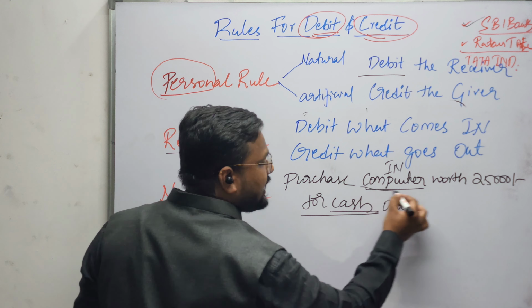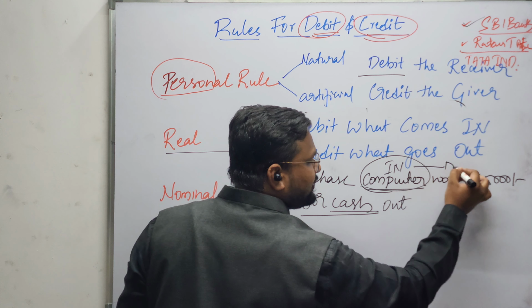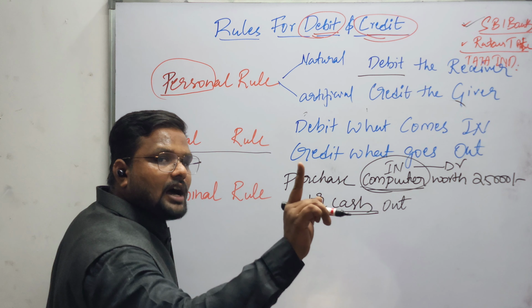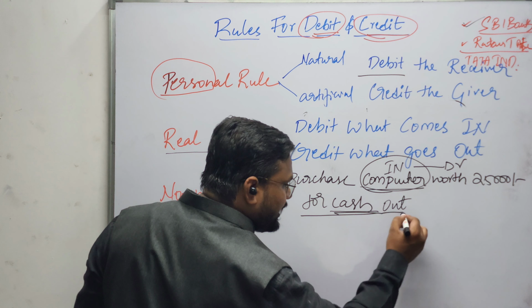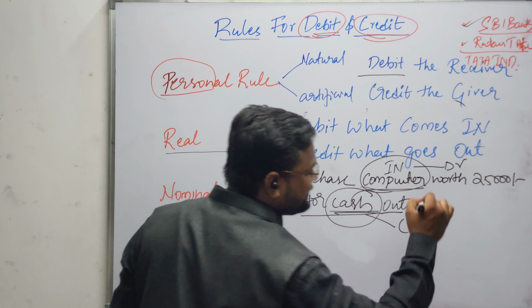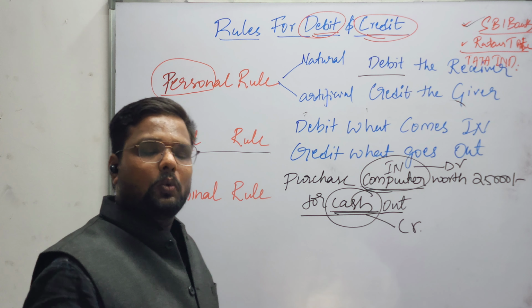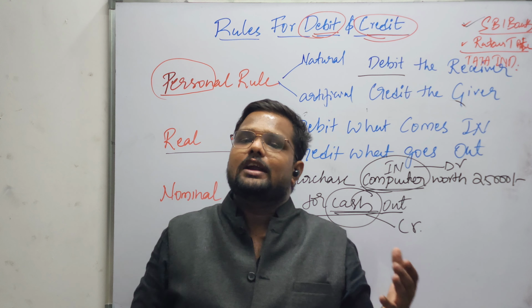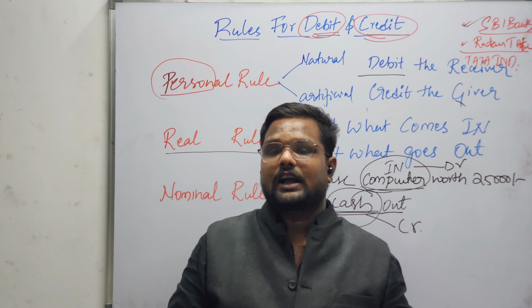So the real rule is stating: debit what comes in. What is coming in? Computer. So debit this. Credit what goes out. What is going out? Cash is going out. So credit cash. Very simple actually. These are called golden principles of accounts.